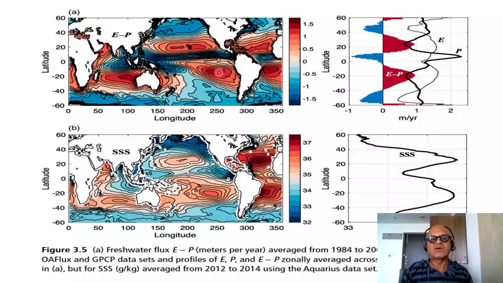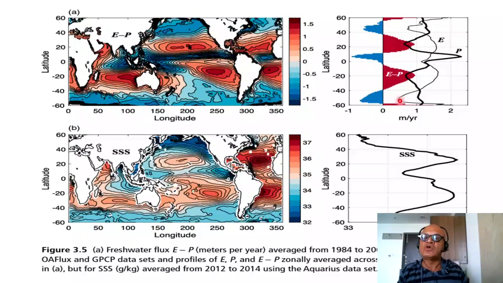And of course this is the cold tongue subtropical gyre evaporative region as well, and you have the SPCZ and the ITCZ and so on, where evaporation is less than precipitation, so you have negative numbers here again in meters per year.